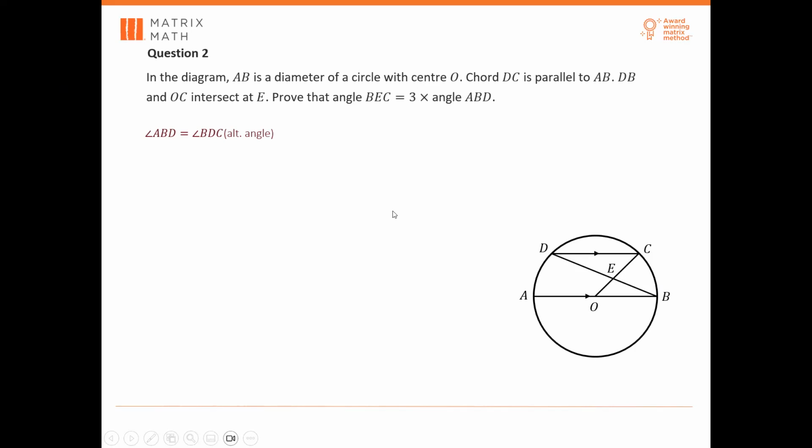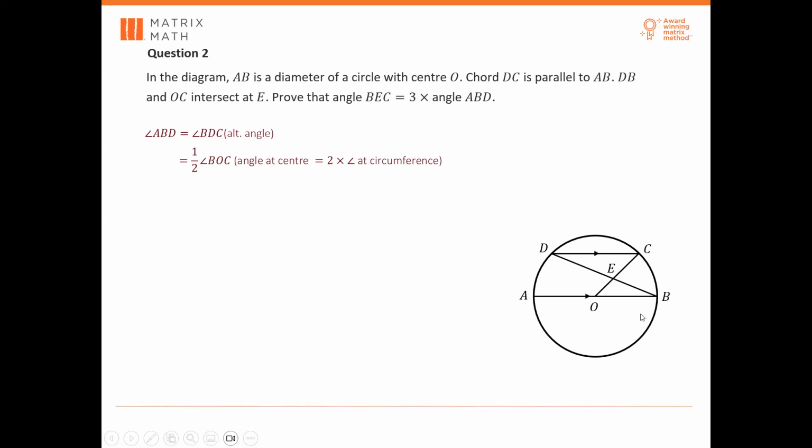Okay, so now that we established this, the next thing we're going to write is this will then equals to half of BOC. Because as you have learned in EMF, angle at center BOC will always be twice the angle at the circumference. So this angle will be twice of this angle.